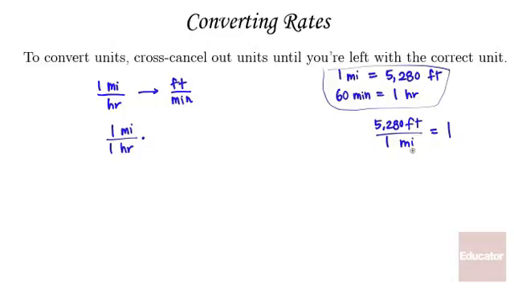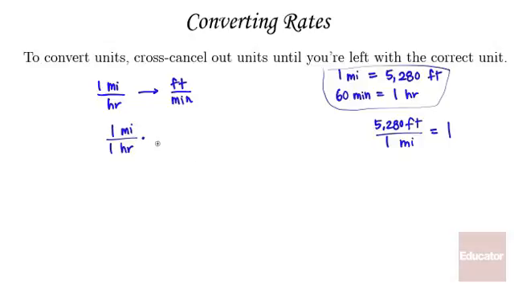So if I said, for example, 5 over 5, isn't that 1? Because it's the same number over itself. Same thing here. This equals this. So if I say 5,280 feet over 5,280 feet, isn't that equal to 1? So if I write it like this, you have to understand that this is the same thing as 1.